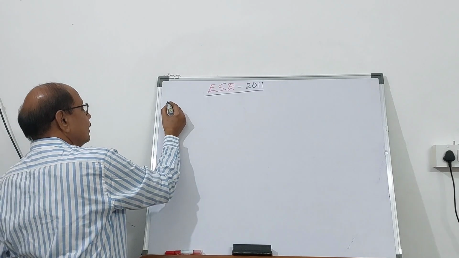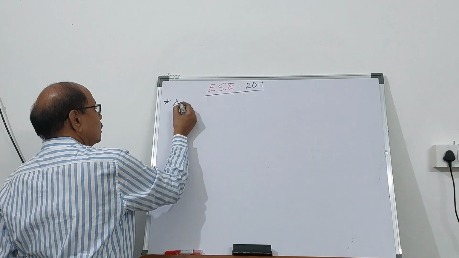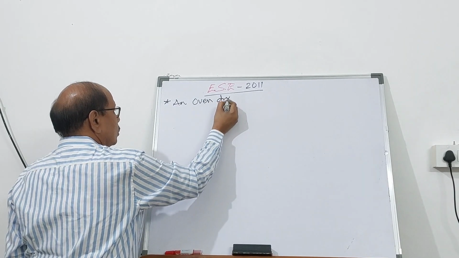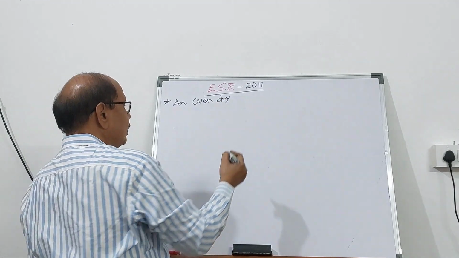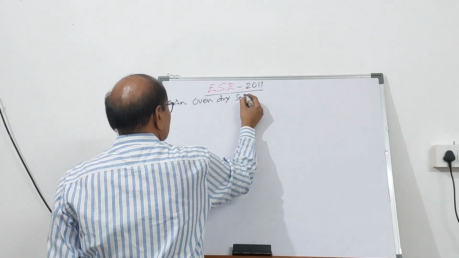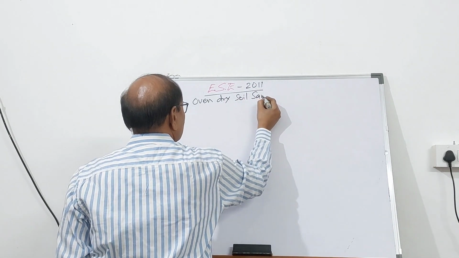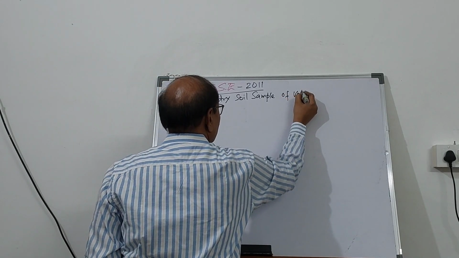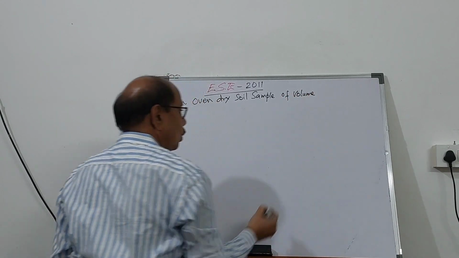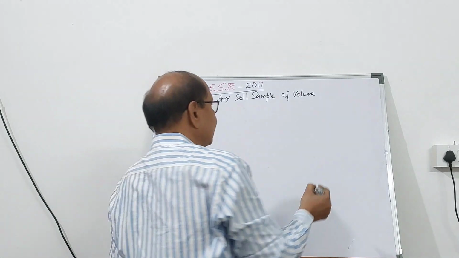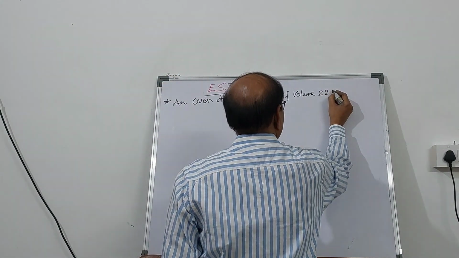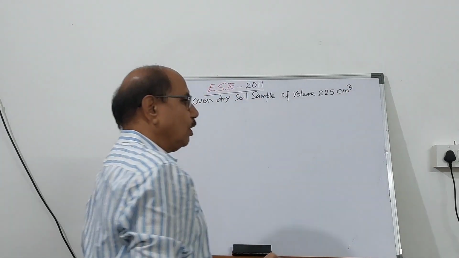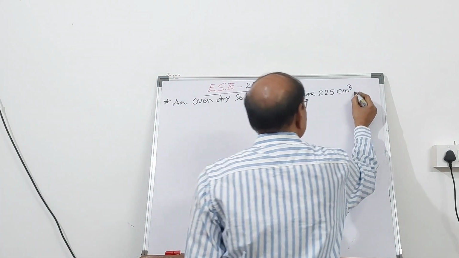An oven dry soil sample of volume 225 cc, or cubic centimeter, weighs 390 grams.